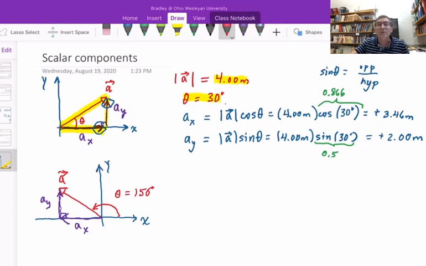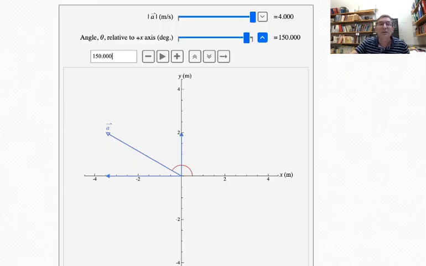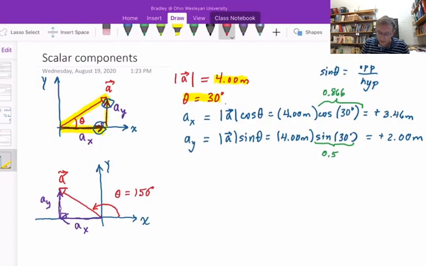Sorry, folks. Let me change this to 135. I want to use 135 for reasons I won't go into. So, sorry, I want this angle to be 135. Okay, there, that's fine.